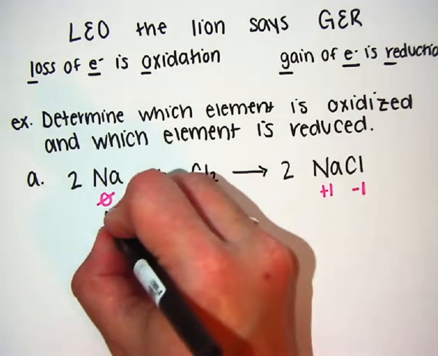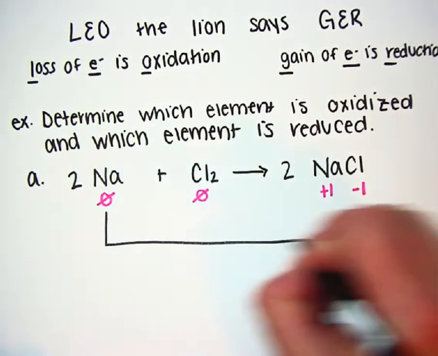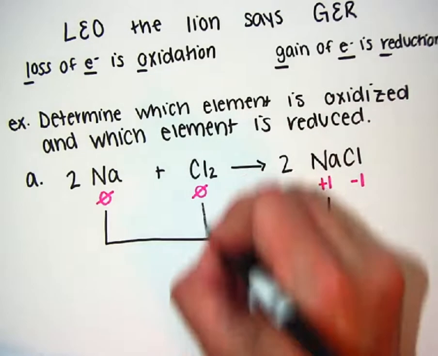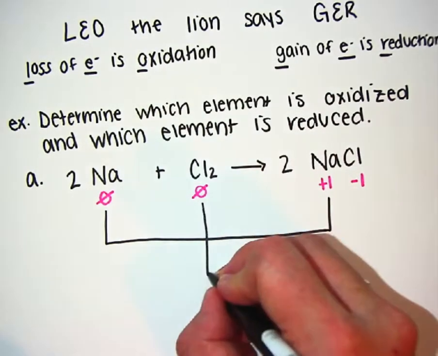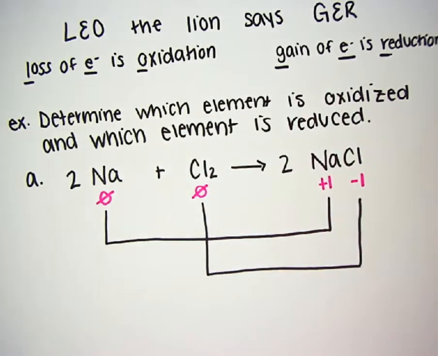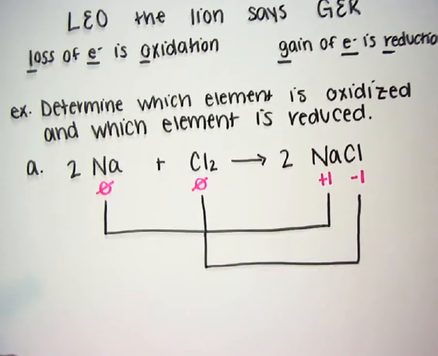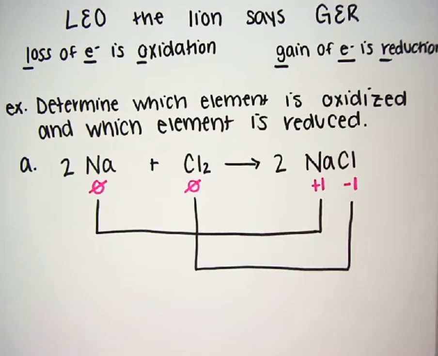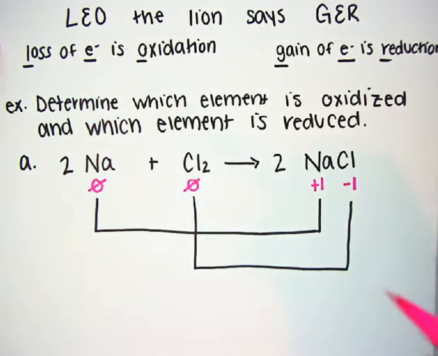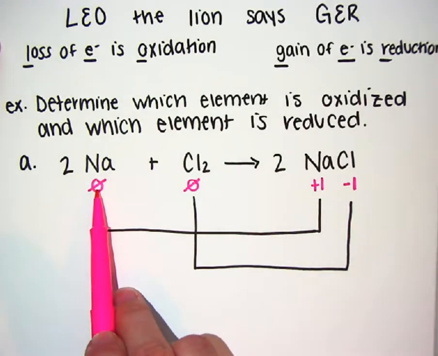So now, we need to look at sodium and look at chlorine and figure out which element is oxidized and which element is reduced. Remember, electrons are negative. So if you're losing electrons, it becomes more positive. So let's look at sodium.